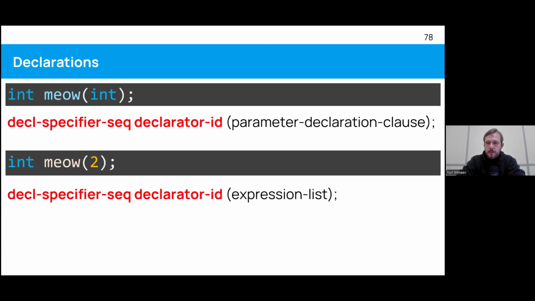We have two things in a language which start the same. And if you look at them like we are looking in the recursive descent, if you look at them left to right, you cannot tell which one of them you're looking at.